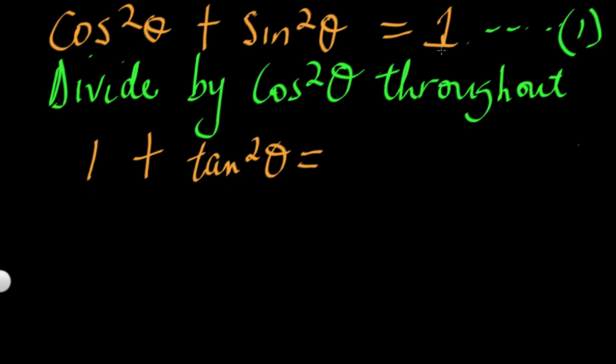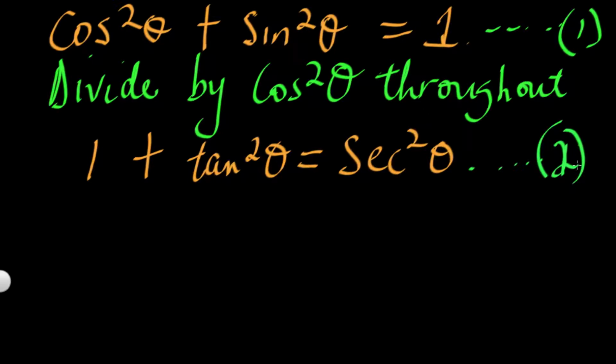If I divide 1 by cos squared theta, we know that 1 over cos theta is sec theta. So this is sec squared theta. From here, I can say this is equation 2, which is one of the identities that you're going to deal with.